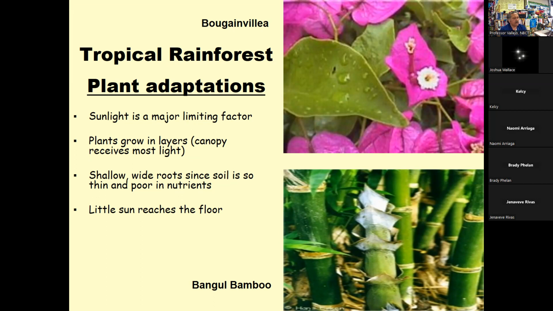Plants in the tropical rainforest typically have shallow, wide roots, because the soil is so thin and poor in nutrients. And so they're going to have roots that go out to the side. Those are called lateral roots. Whereas in some other areas, like in the boreal forest we're about to get to, some plants have one big root that goes all the way down, hundreds and hundreds of feet, to get to the water table and suck up some water.